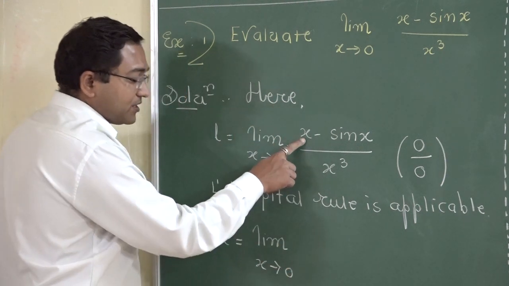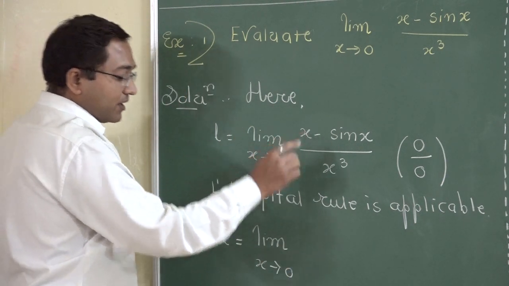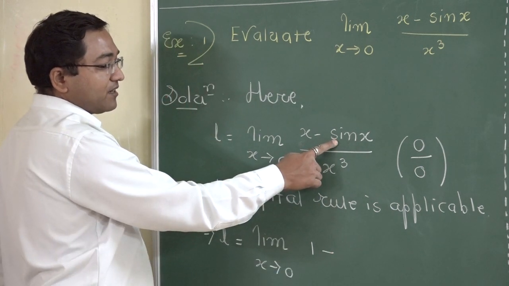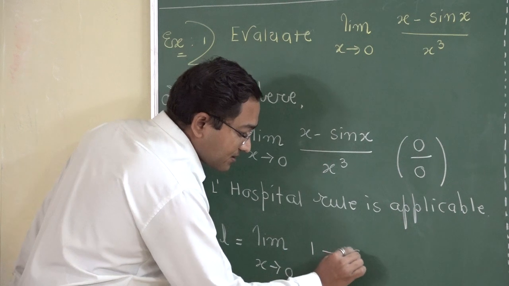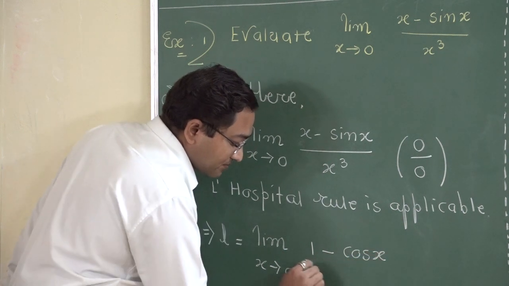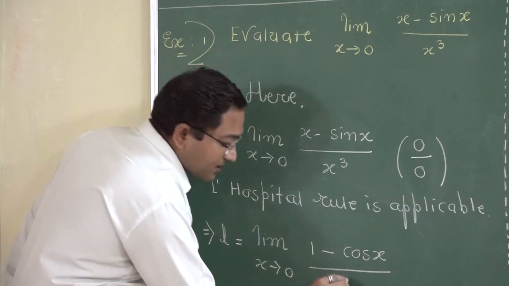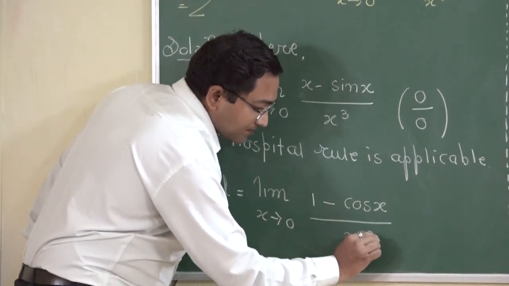The differentiation of x with respect to x is 1, minus the differentiation of sin x, which is cos x, upon the differentiation of x cube, which is 3x square.